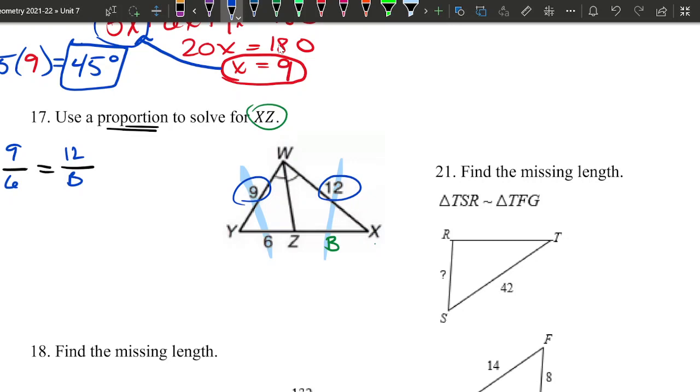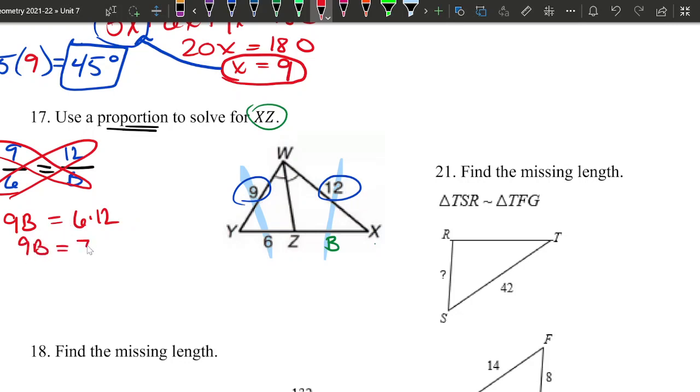You never have to solve for x. You can use any letter you want to. It's just representing the missing piece. All right, so now I'm going to do the cross product. So I have 9b equals 6 times 12. And 6 times 12 is 72. So 9b equals 72.